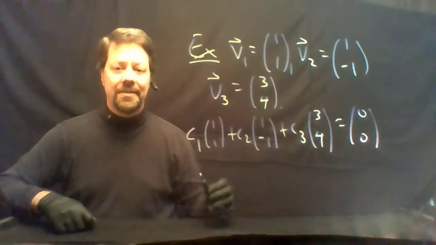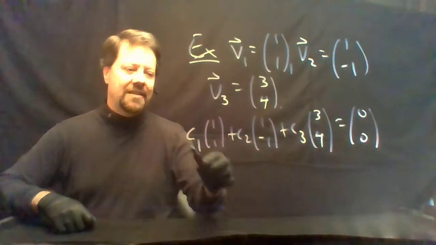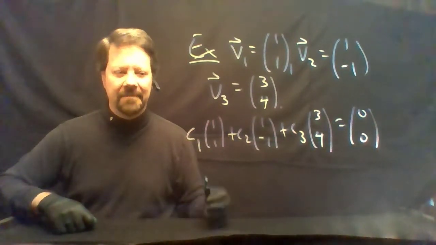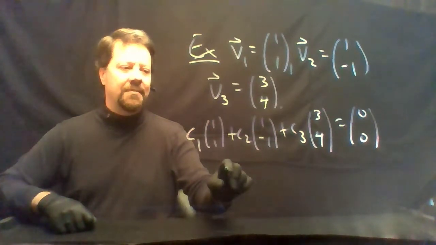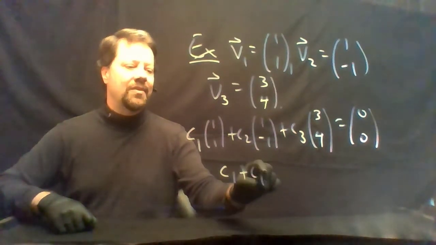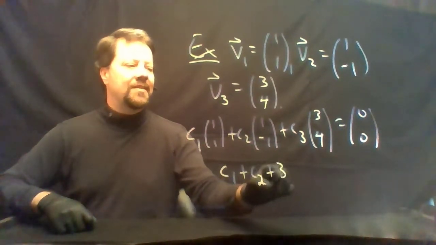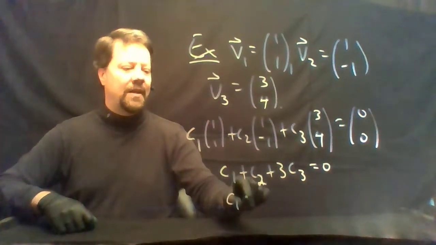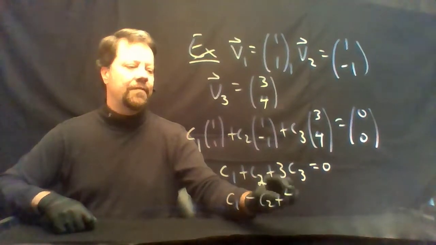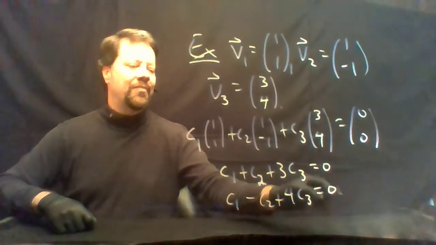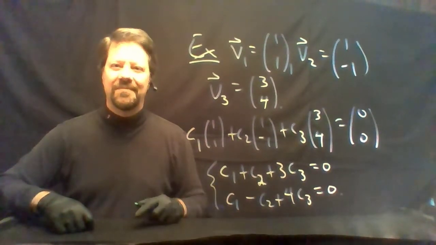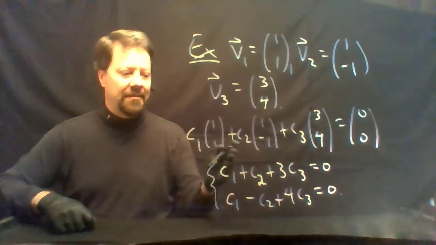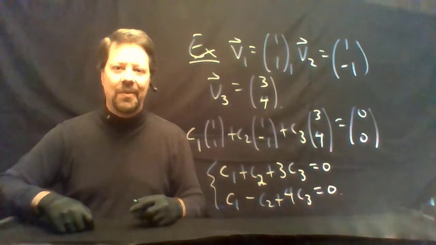Is there or is there not a non-trivial linear combination that gives me the zero vector? We have to solve the system. c1 plus c2 plus 3c3 equals 0, and c1 minus c2 plus 4c3 equals 0. Isn't it interesting how all of these issues resolve into a system of equations?